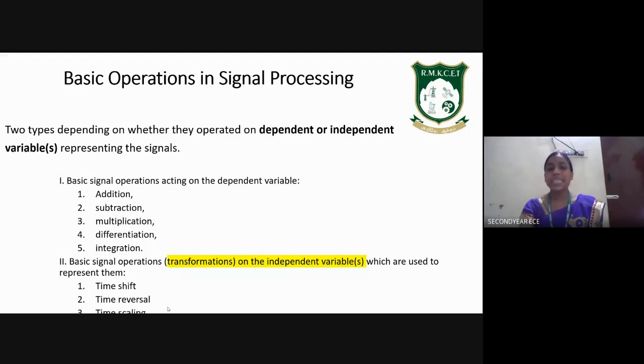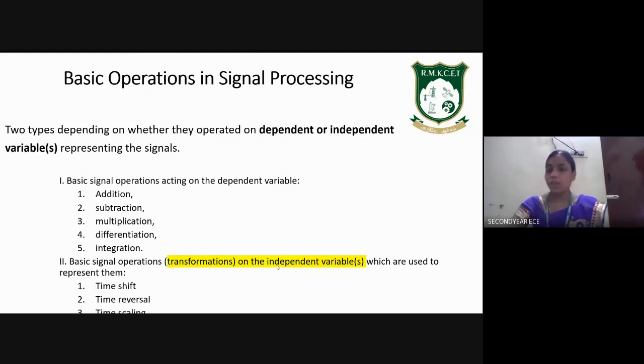That means these operations are performed on the independent variable. What is the independent variable here? n, isn't it, ma'am? For image, it may be different. For speech, it may be different.